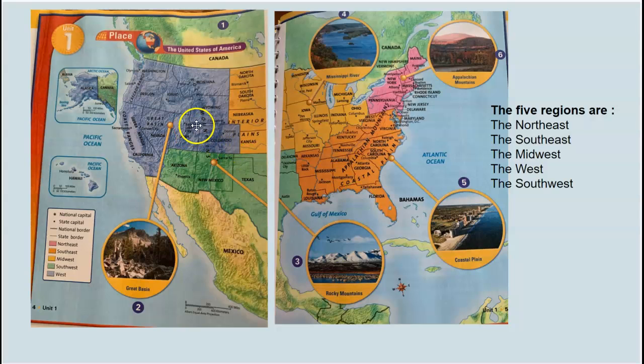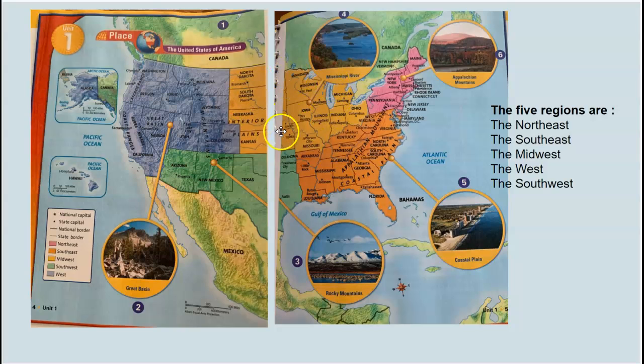So once again, the region we live in, the pink region, is known as the Northeast region. This dark orange, where the Appalachian Mountains are near the Atlantic Ocean, is the Southeast region.